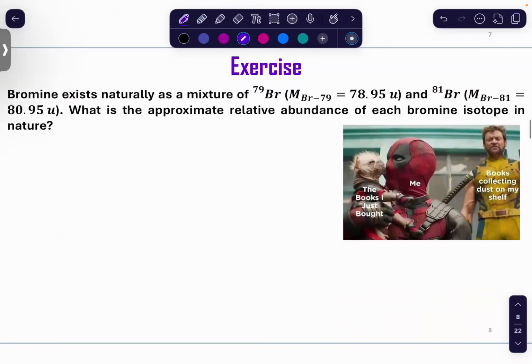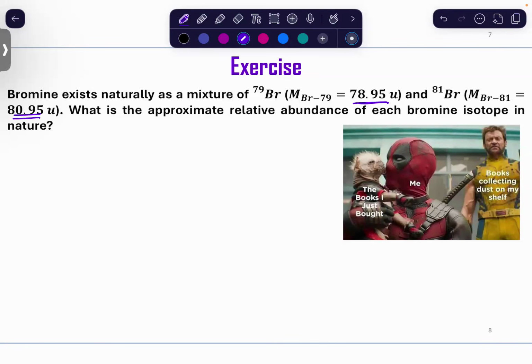So let's look at this in a slightly different way. Bromine exists naturally as a mixture of bromine 79, which has a mass of 78.95 U, and bromine 81, which has a mass of 80.95 U. What is the approximate relative abundance of each bromine isotope in nature? Well, we have the masses.